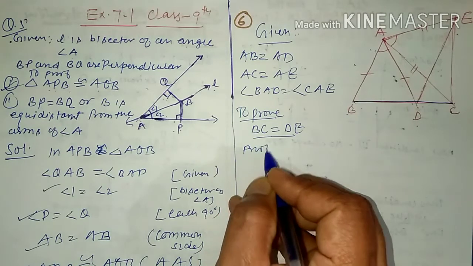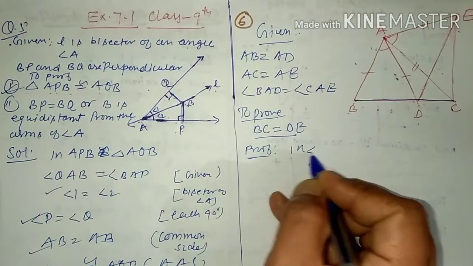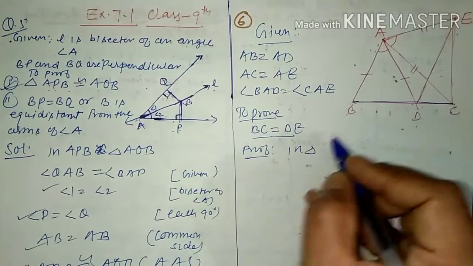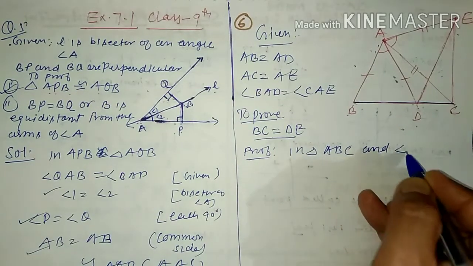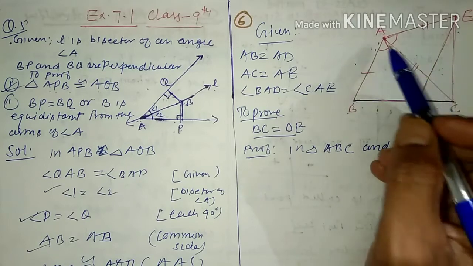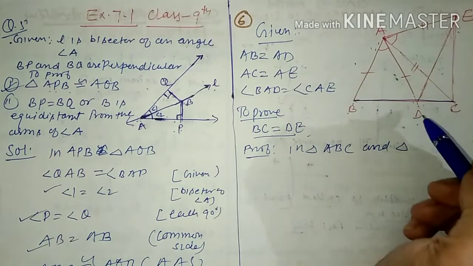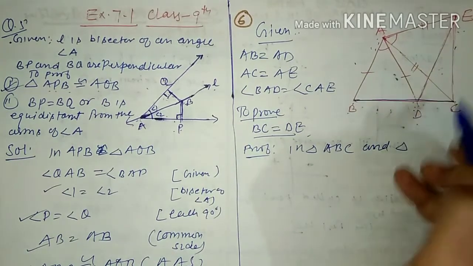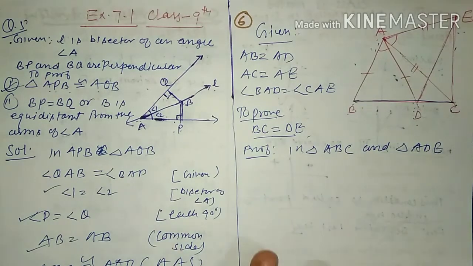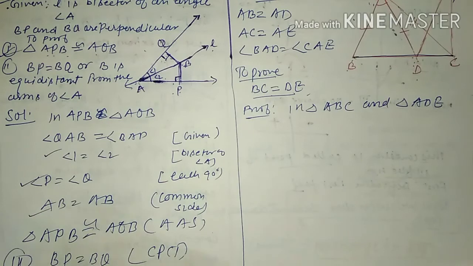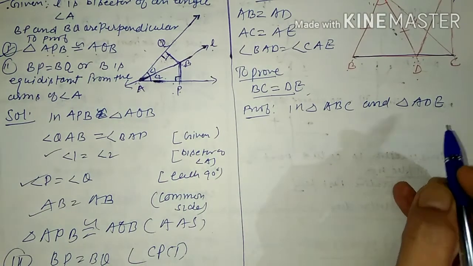Proof. In triangle ABC and triangle ADE, what we have to prove?